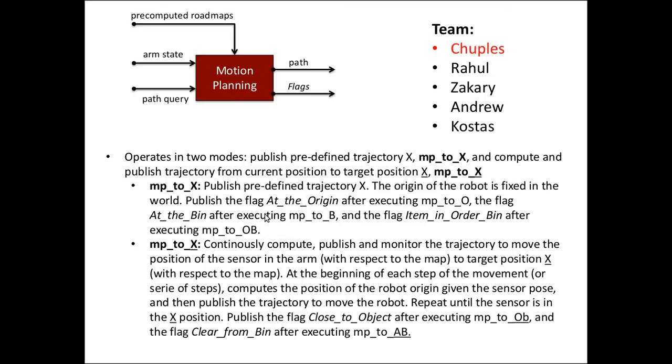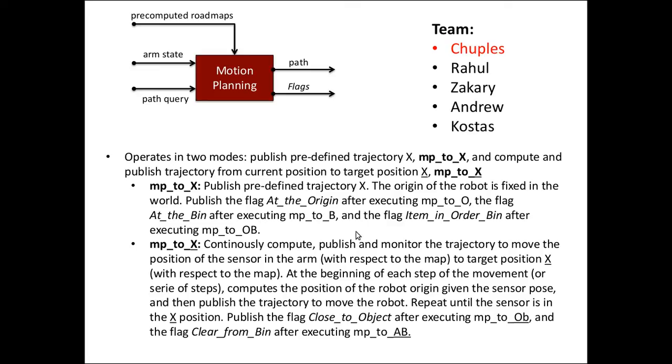And when the motion planning verifies using the arm state that the robot is at the origin after executing this command, motion planning to origin, this flag will be true.